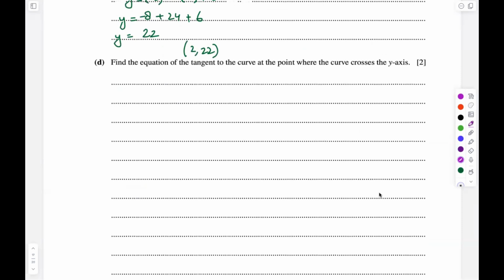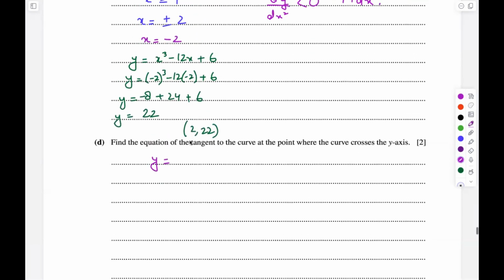In part D, it says find the equation of the tangent to the curve at the point where the curve crosses the y-axis. Now, the equation of the curve is y equals x³ minus 12x plus 6. When it crosses the y-axis, the x coordinate will be equal to 0. So the y coordinate will become 0 minus 0 plus 6.